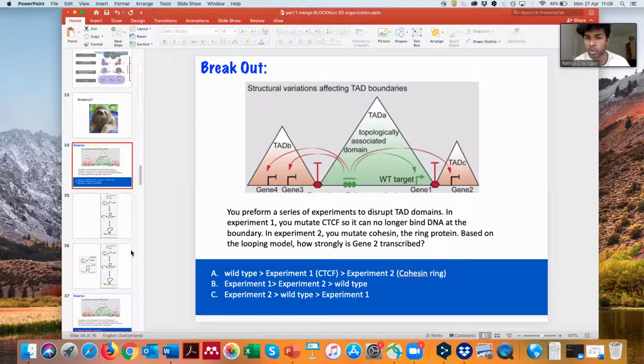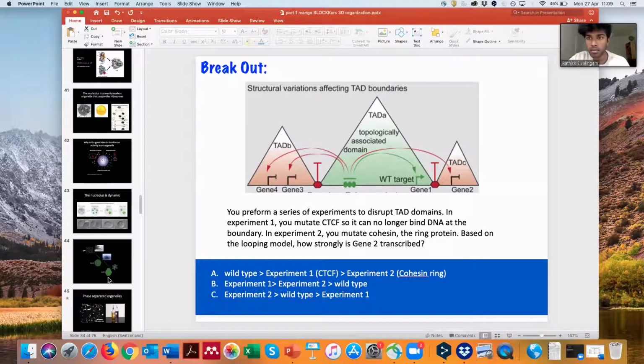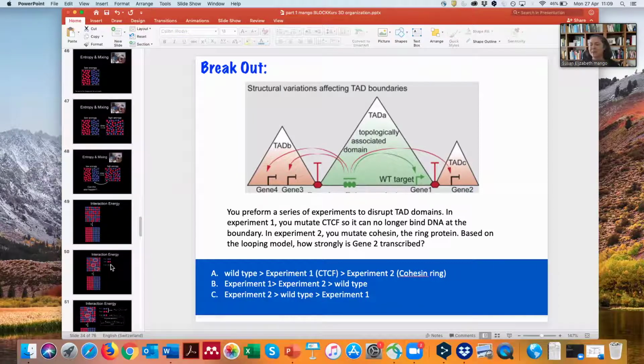Is it sometimes required? I know of no example where it's required that a region interact outside of the TAD. I think it's considered more of something that maybe happens at a low frequency, but it's not really what should be going on, I guess.